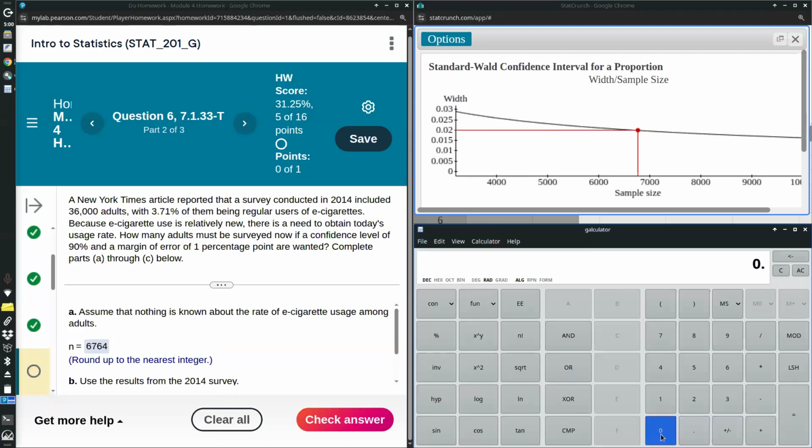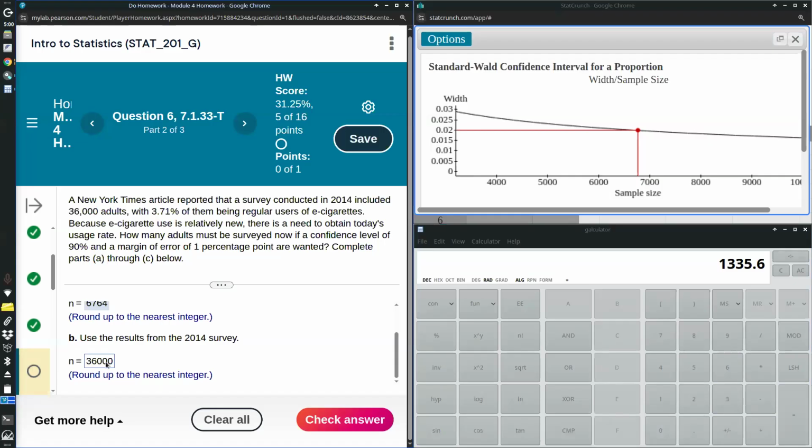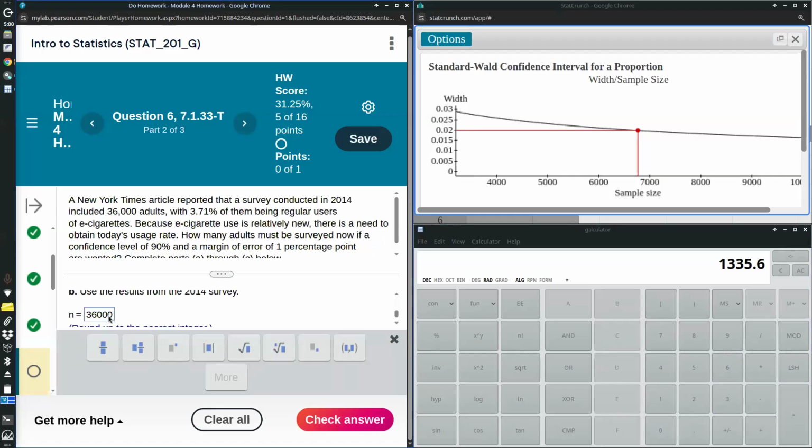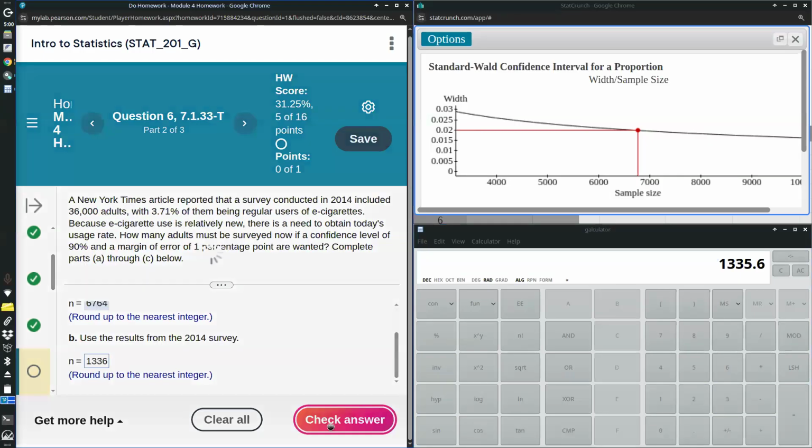So 0.0371 times 36,000. We get 1335.6, or it says nearest integer, probably. So they want 1336. If I have to double this, I'm going to be a little bit floored.